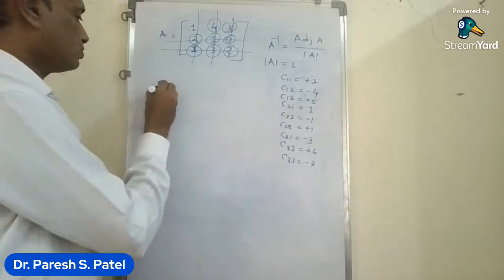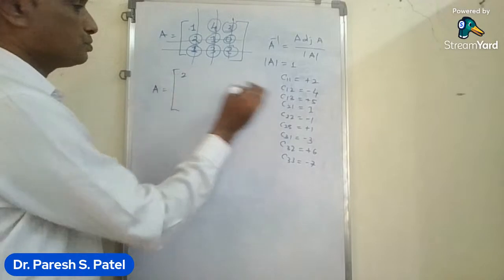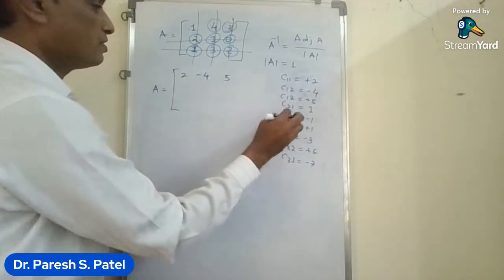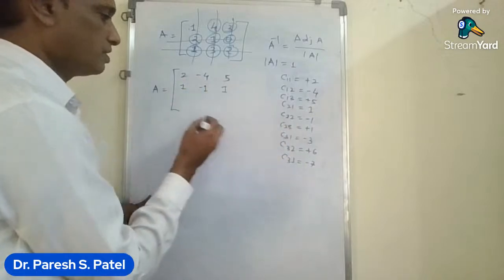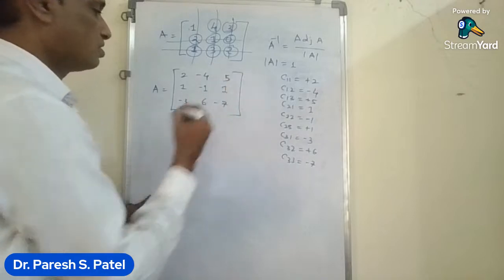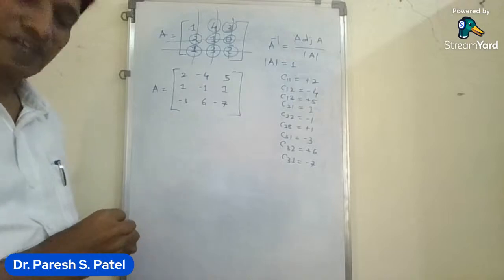A is equal to the values for C11, C12 minus 4, C13 plus 5, C21 minus 1, 1, minus 3, 6, minus 7. So these are the values for C11, C12, C13, C33.